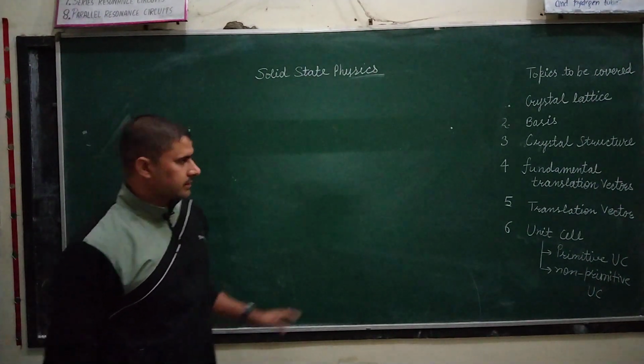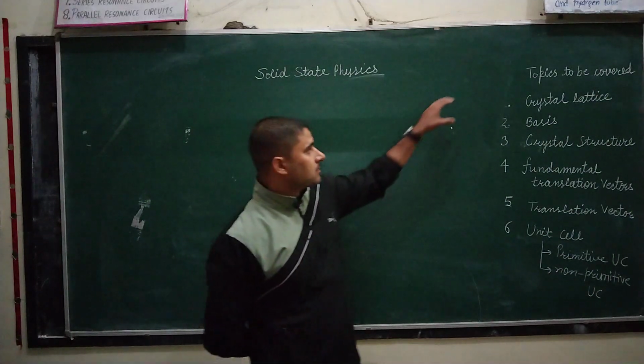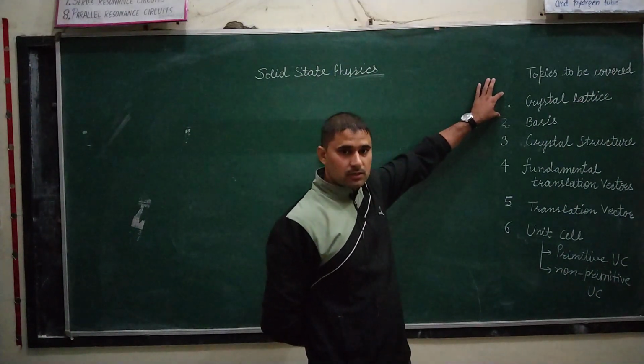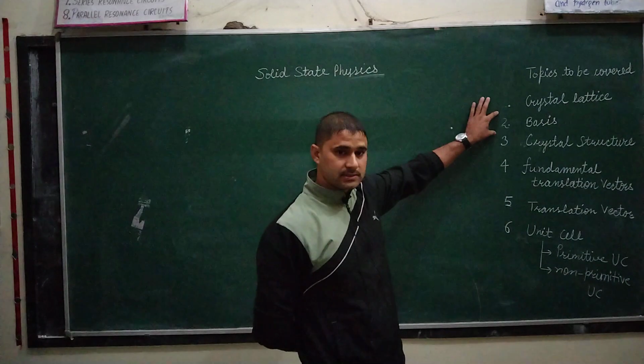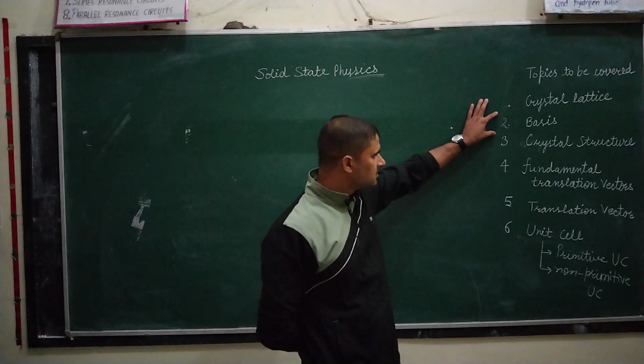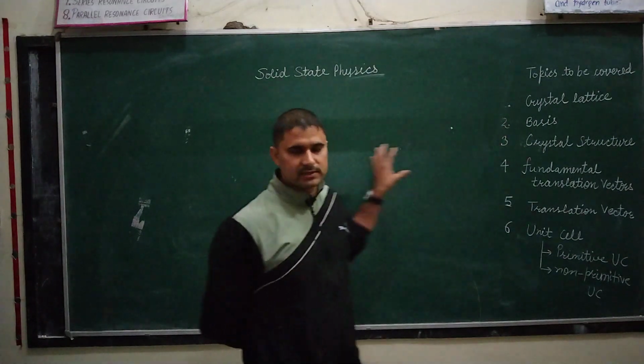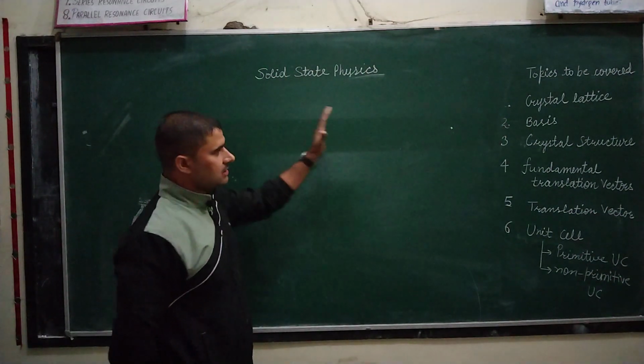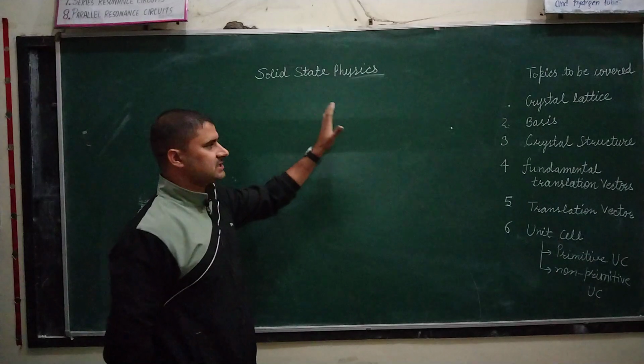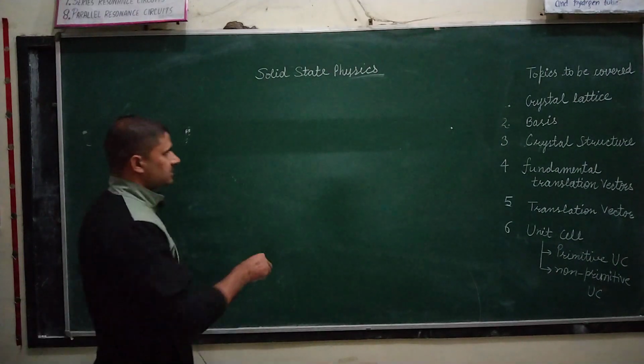So class, till now we have seen that crystal lattice is the network of points on which basis atoms, molecules are present, which gives rise to crystal structure. Now we will see the geometrical meaning or representation of the crystal structure.